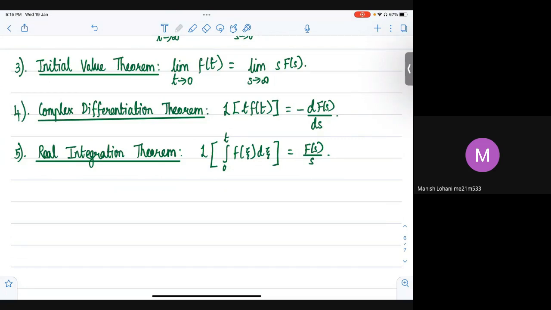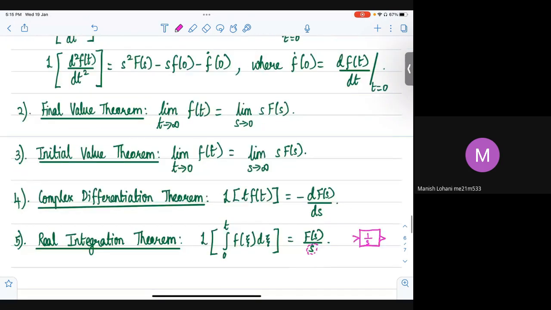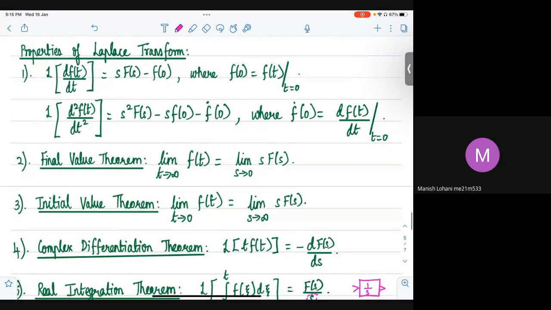This is the reason why, if you use tools like MATLAB, the integrator block appears as 1 by s. When we are integrating a function, we essentially run it through 1 by s. Similarly, when we are doing a derivative in software like MATLAB, we use a block which says s.